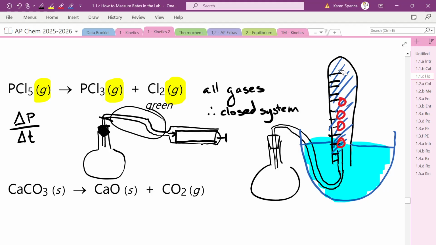And that will displace some of the water. And the water level will go down over time. Yeah? Where does the water go? It goes into the bowl.